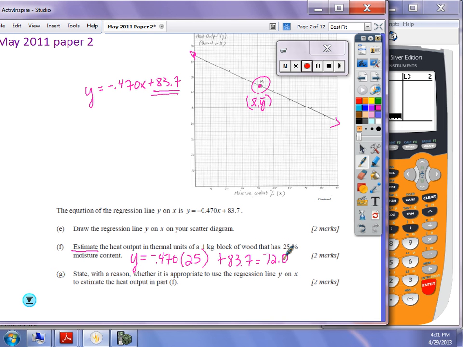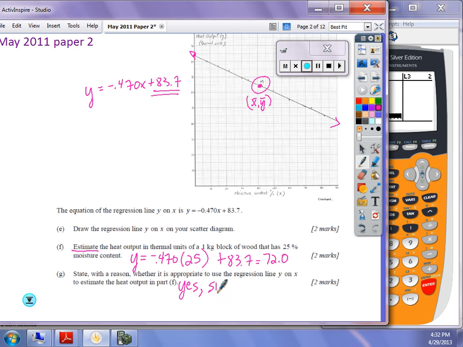Now, the next question asks you to state with a reason whether it's appropriate to use the regression line to estimate the heat output in part F. So there are 2 things that they're looking for. Answer the question: yes, it's appropriate, and then we're going to give 2 reasons.